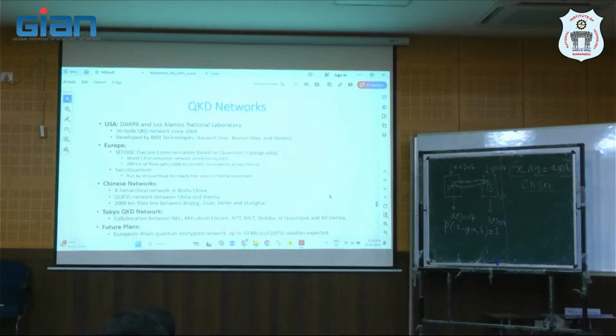There are QKD networks now, several-node networks in the USA by DARPA, in Europe, Swiss Quantum, Chinese networks, QKD in Tokyo, a collaboration between NEC, Mitsubishi, NTT, Toshiba, etc. Future plans include several European and Asian quantum encrypted networks, up to 10 Micius satellites, etc. So there are several plans. With QKD, there is movement happening. People are doing it at different levels.